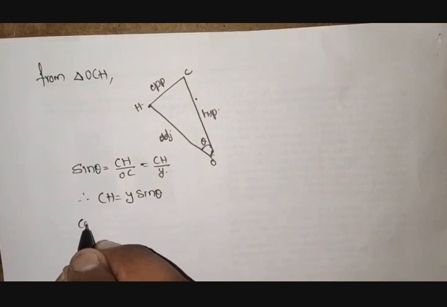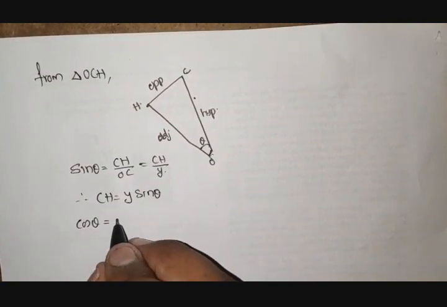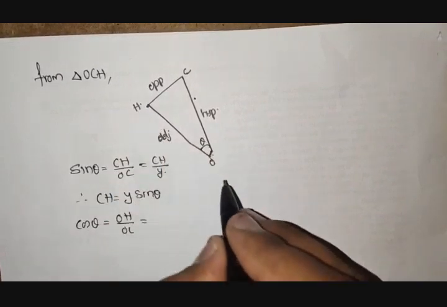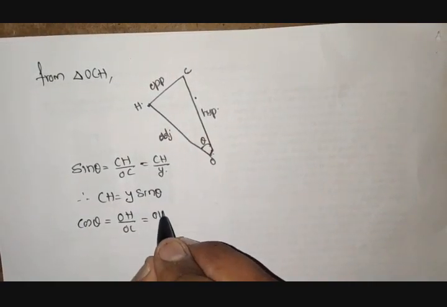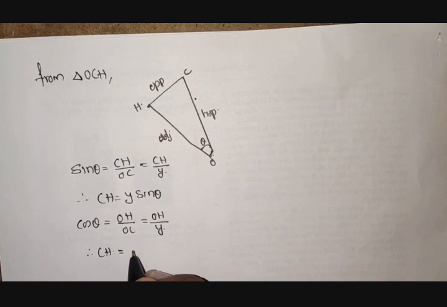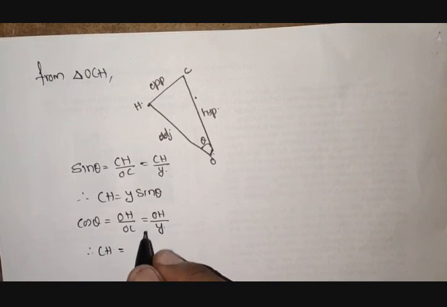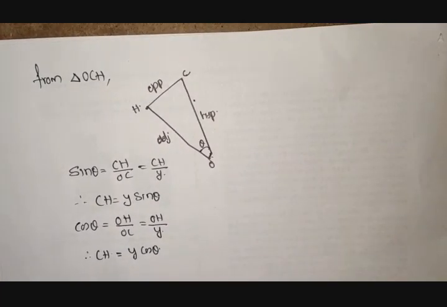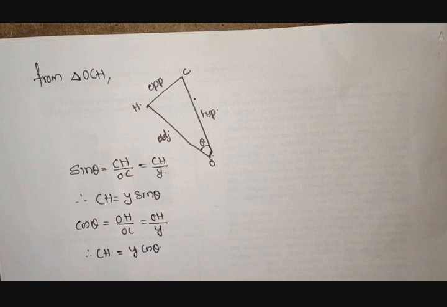Similarly, from the same triangle, what is the value of cos theta? Cos theta is adjacent by hypotenuse, that is equal to OH by OC. The value of OH we don't know; OC is nothing but Y. Sorry, here it is OH.